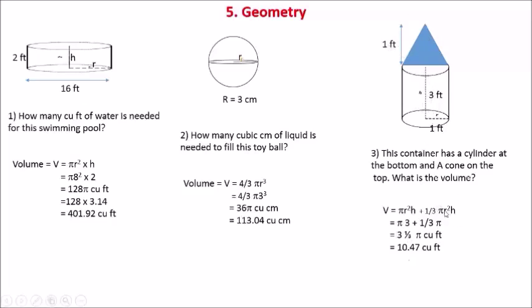So you plug in r equals 1, h equals 1. It's all 1, so all you have is only pi. Then when you simplify, you can use the calculator to convert this fraction to decimal. So it is 10.47 cubic feet.